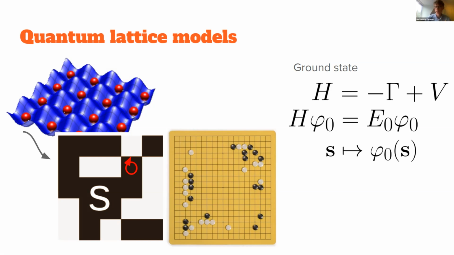What I'm interested in is the ground state behavior, so the zero temperature behavior physically. And what you need to do is minimize energy. So you need to minimize this sum of kinetic energy and potential energy.